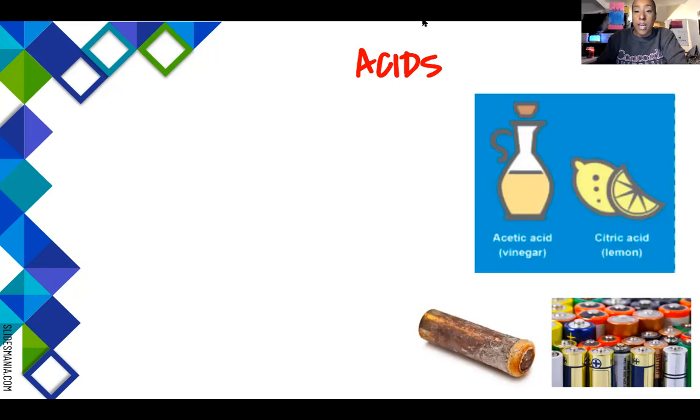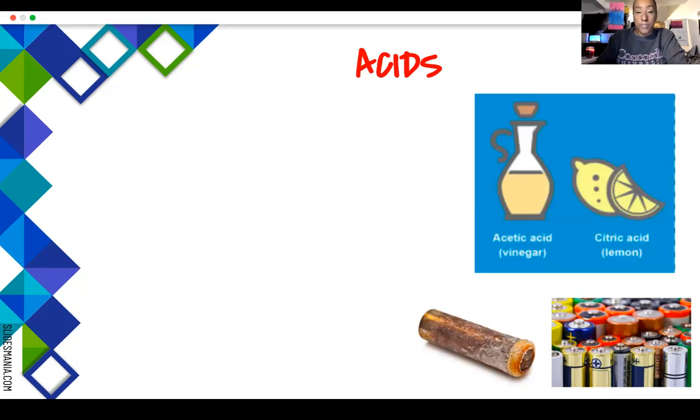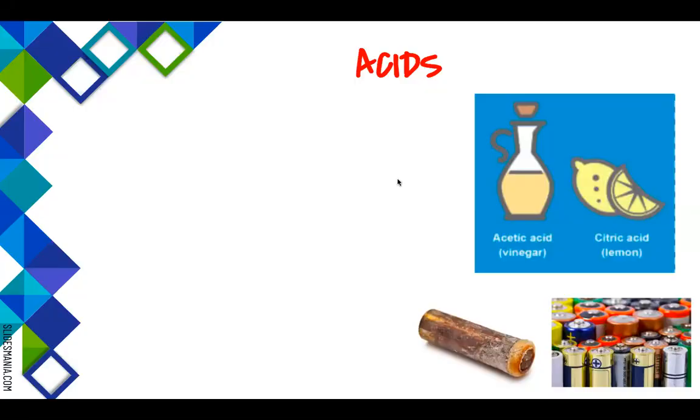So let's take a look at acids for a moment. As I mentioned, you are exposed to acids every day. So there are properties or ways that you could identify if what you're encountering is either an acid or a base. You see here vinegar that you have in your house. It's often used for cleaning chicken sometimes.